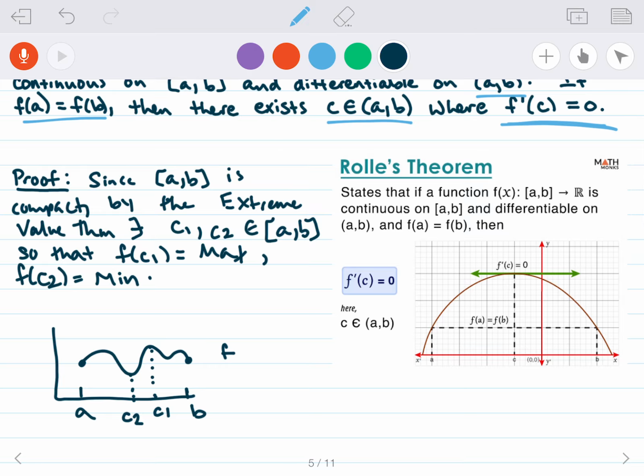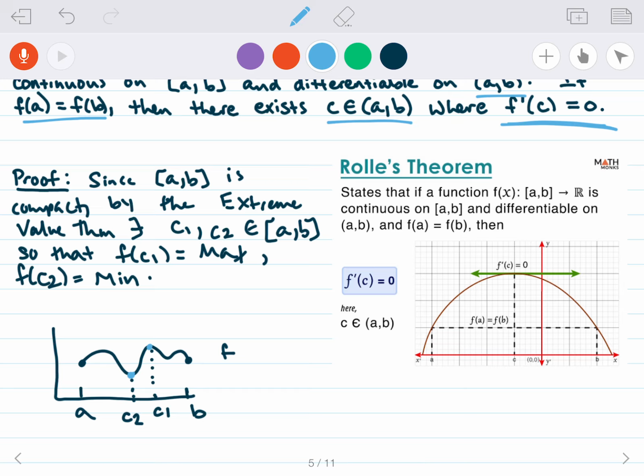We're trying to show that there exists some point in the open interval from A to B where f prime of C equals 0. And by proposition 7.1, this guy right here is a min, hence a local min, and this guy right here is a max, hence a local max.